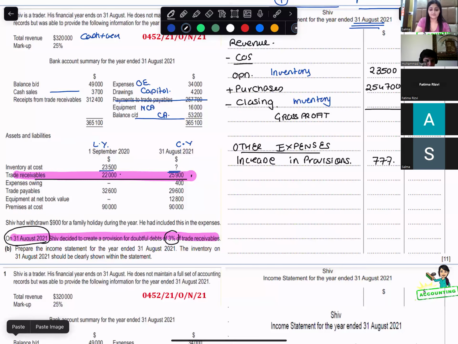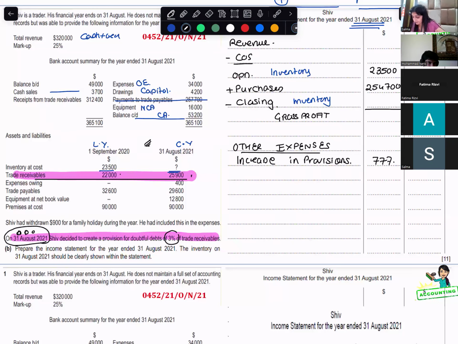Miss, could you tell me once again? Yeah, tell me. So you didn't write the difference. Why will I not write the difference? I usually do that, but they have told that the PDD is created only on 31st August, in this year.